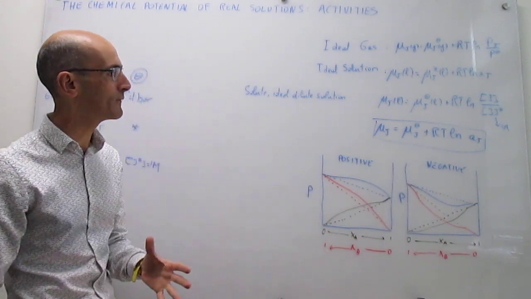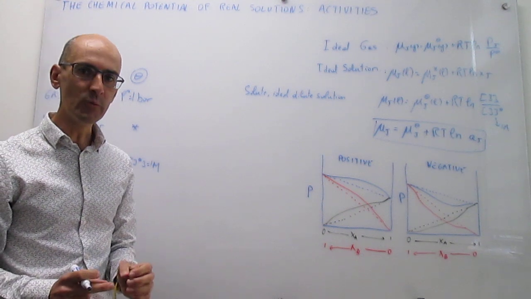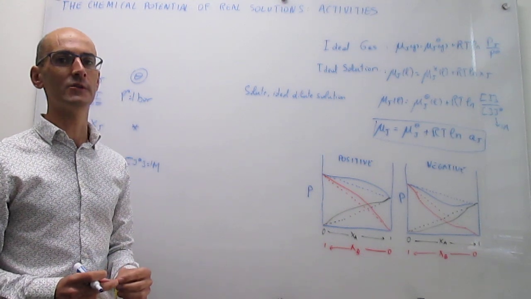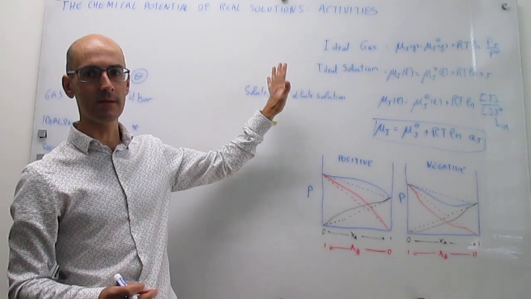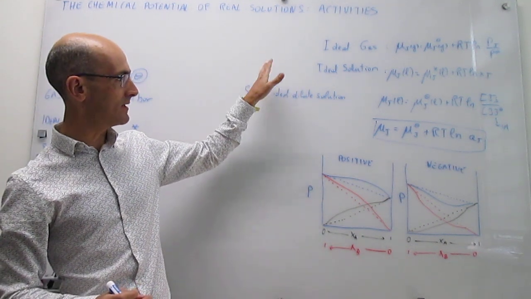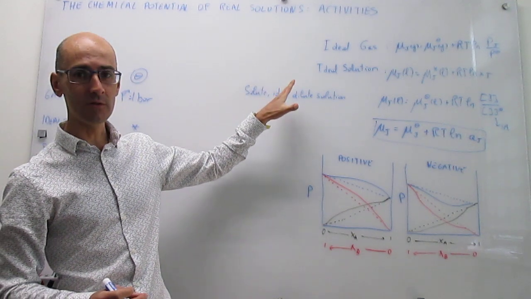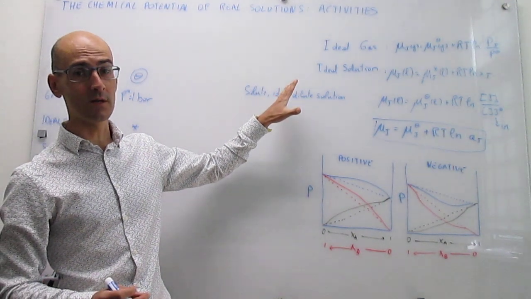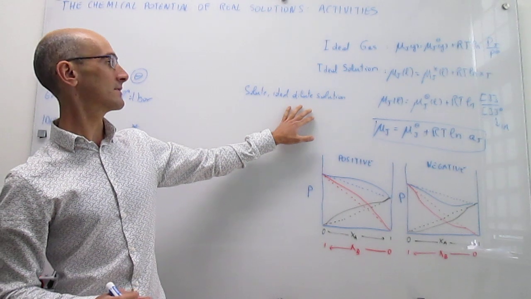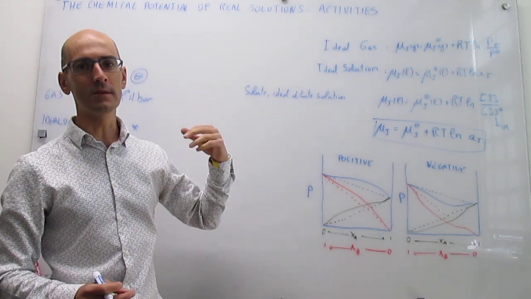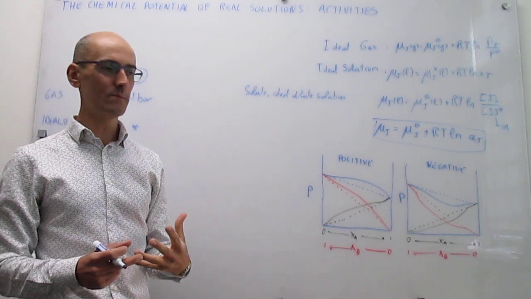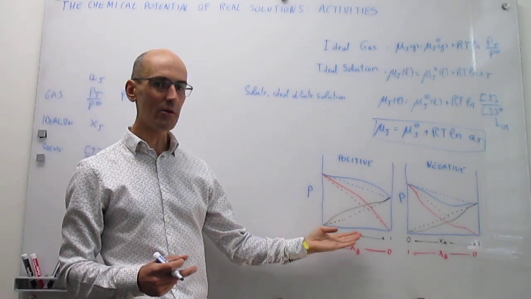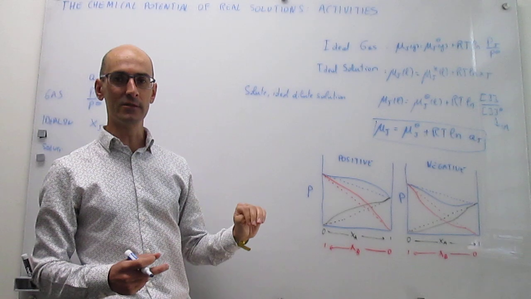Okay, so fair enough. Now, in this video, we also want to handle what happens when you're not in one of these 3 cases, right? So notice that this only works if you have an ideal gas or an ideal solution in which both components follow Raoult's law, or the solute in an ideal dilute solution in which the solute follows Henry's law. There's actually a range of concentrations here in which none of these conditions apply, right?